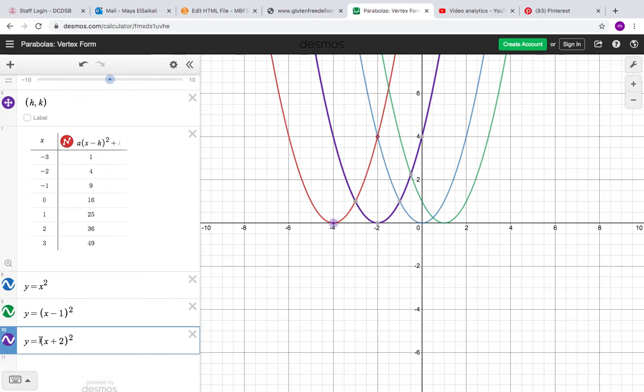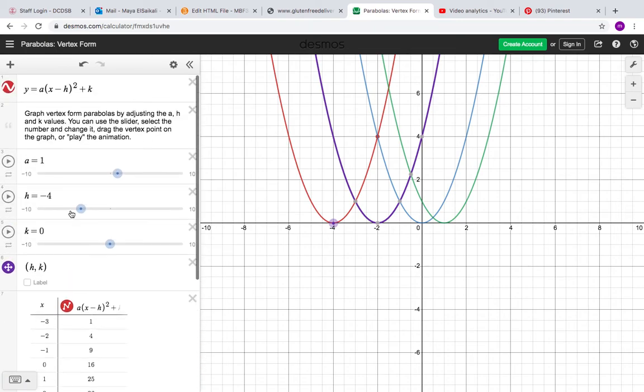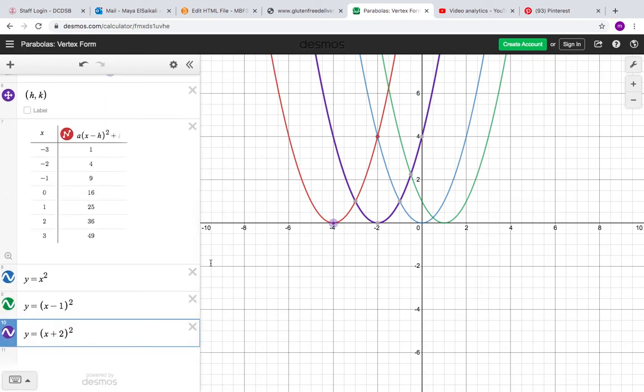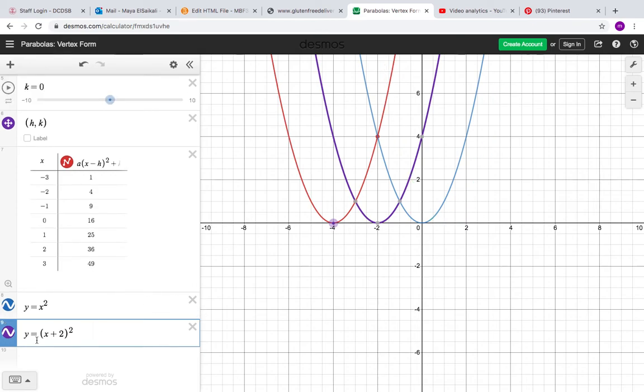Yes, it does look like it's positive in the equation, but remember that because originally in the equation it's a negative, it's going to be the opposite of what you see. So it's going to move 2 units to the left if it's a positive in the equation, and it's going to move to the right if it is negative in the equation.